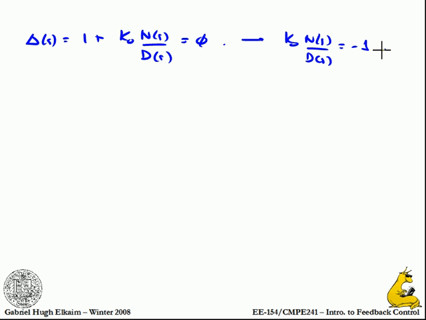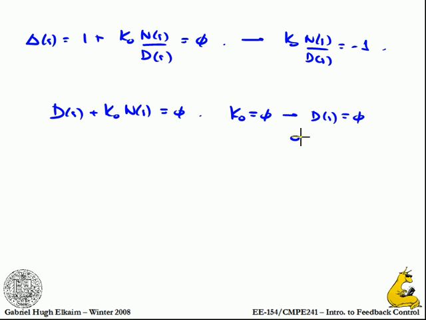But what I'm just going to do is multiply up by D of S, and I've got that D of S plus K naught N of S is equal to 0. Which means that when K naught equals 0, I've got that D of S equals 0, and those are the open loop poles.